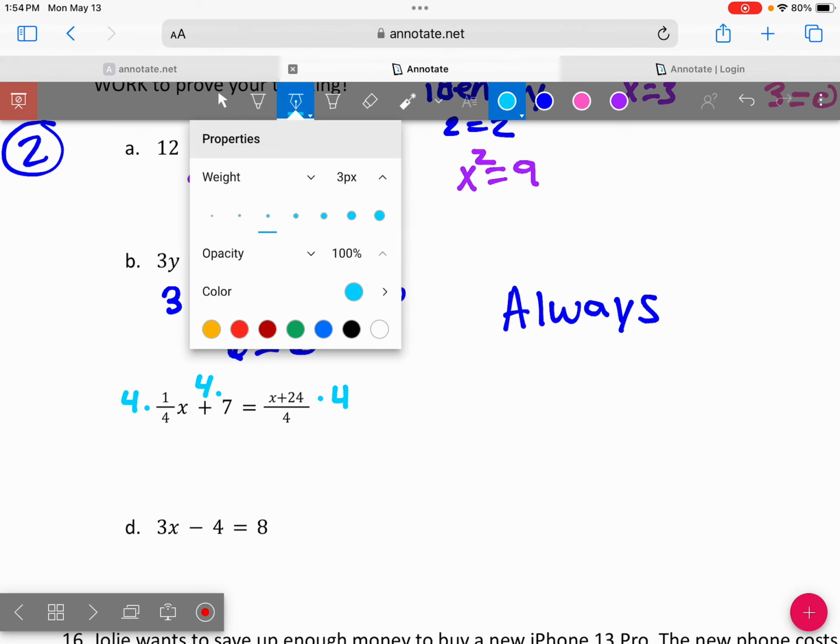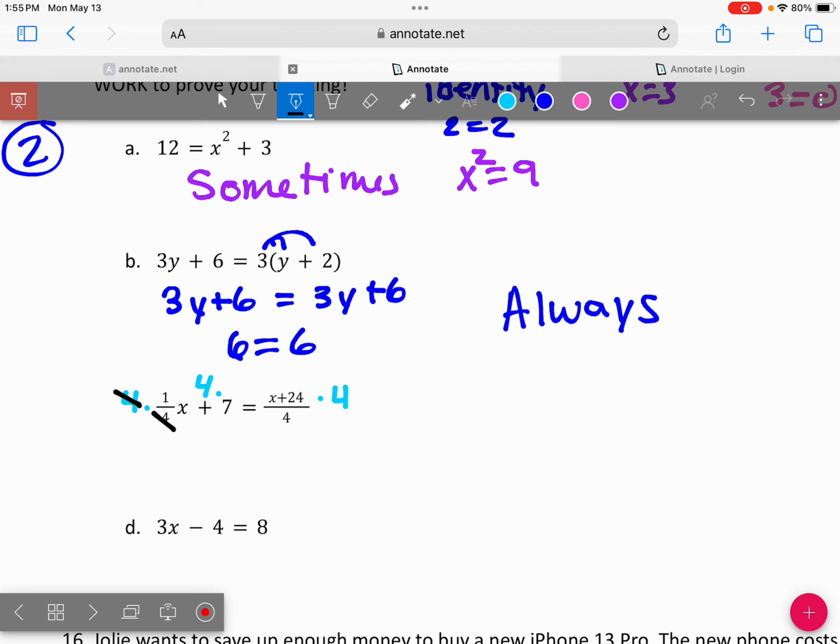Then this 4 and that 4 cancel out, and we're left with just 1x plus 4 times 7 is 28. And on this side, this 4 and that 4 cancel out, and we're left with x plus 24. Does that make it a little easier to see? Is this sometimes, always, or never? Never.